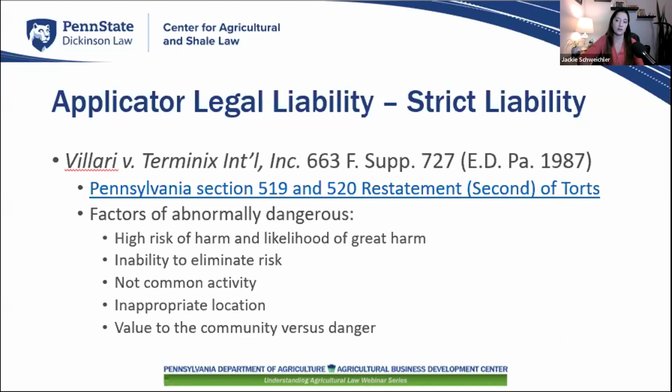For value, the court talks about economic benefits. In Valari, the plaintiffs were the ones who received the value from the pesticide application. They invited the company to spray for termites in their home. In other words, part of the reason the court did not allow the plaintiffs to bring a strict liability claim was because they had invited this interaction in order to receive a benefit.